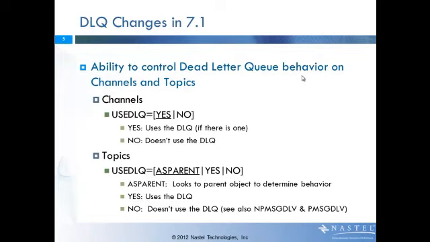The second is topics, which is probably a more useful one than the channels, because topics now are becoming much more of an option to use instead of actually queues. You can subscribe to topics, messages can be sent out as needed, and so there's a lot of use for topics.